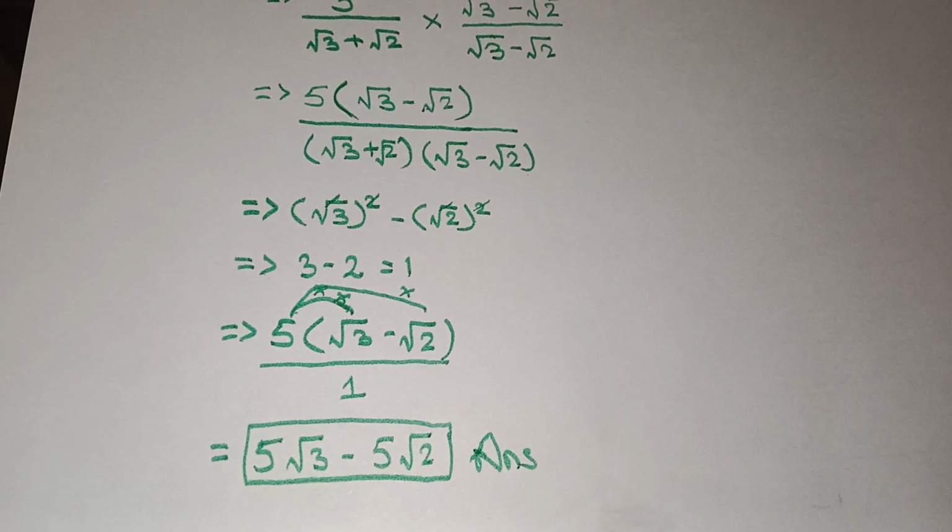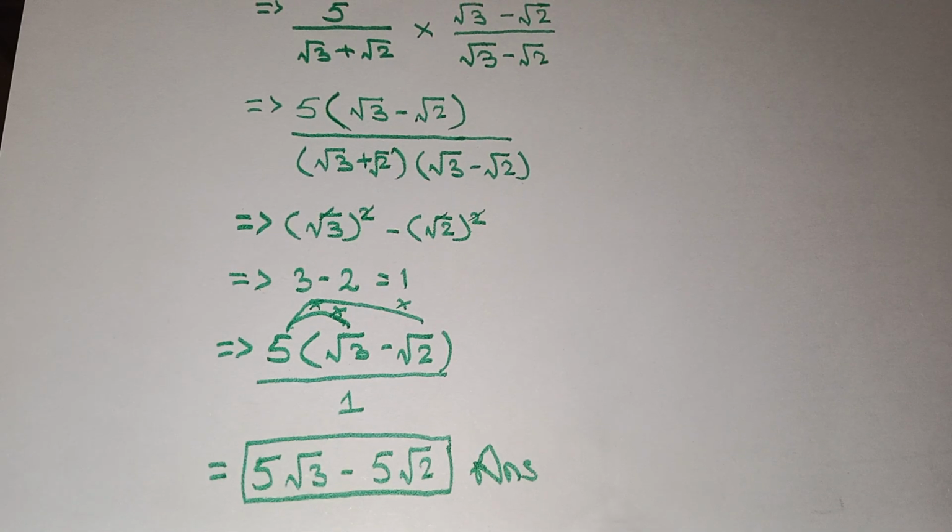It cannot be multiplied or simplified further. The 5 and the surd 3 are multiplied by each other, because if there is no sign between them, it means multiplying. So 5 surd 3 minus 5 surd 2 is our final answer.